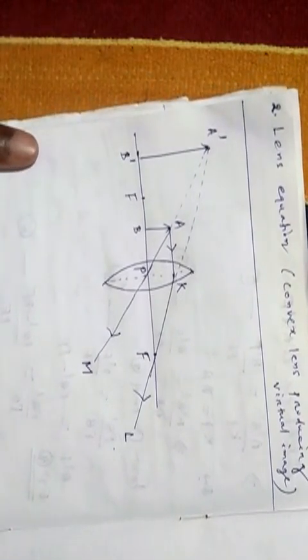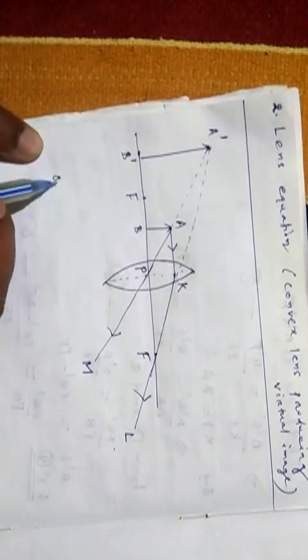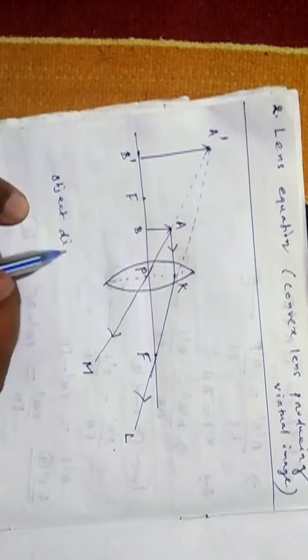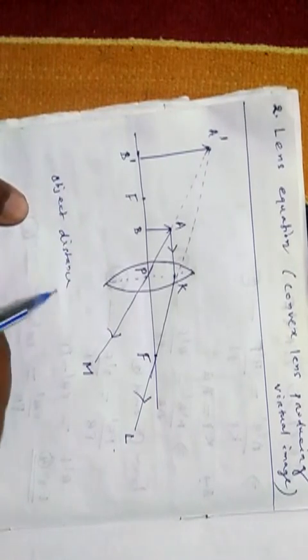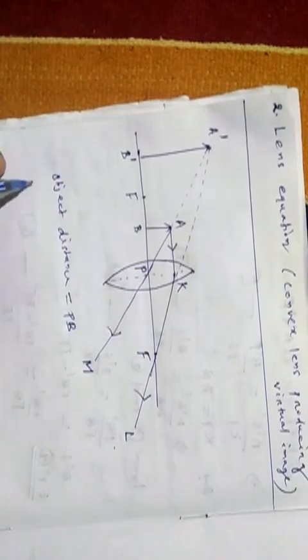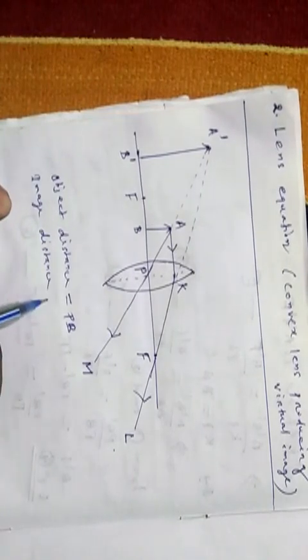Here object distance is equal to PB. Image distance is equal to PB dash.